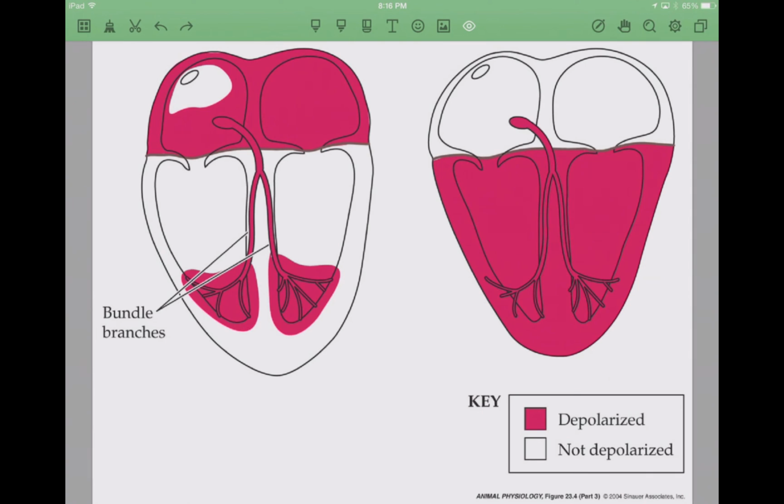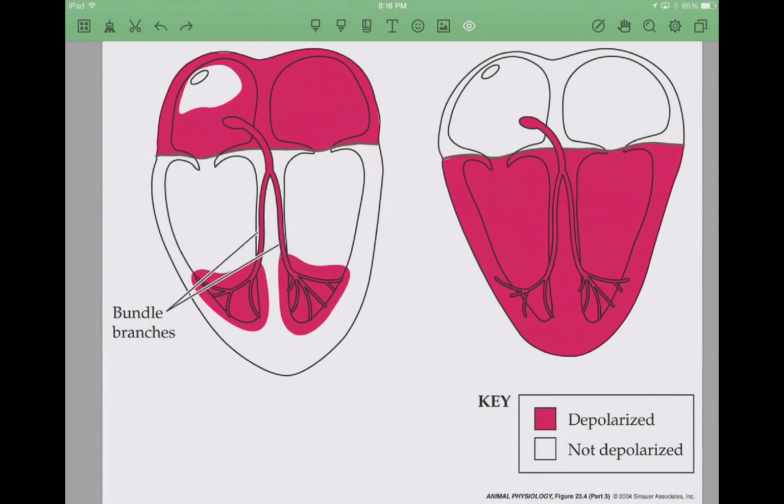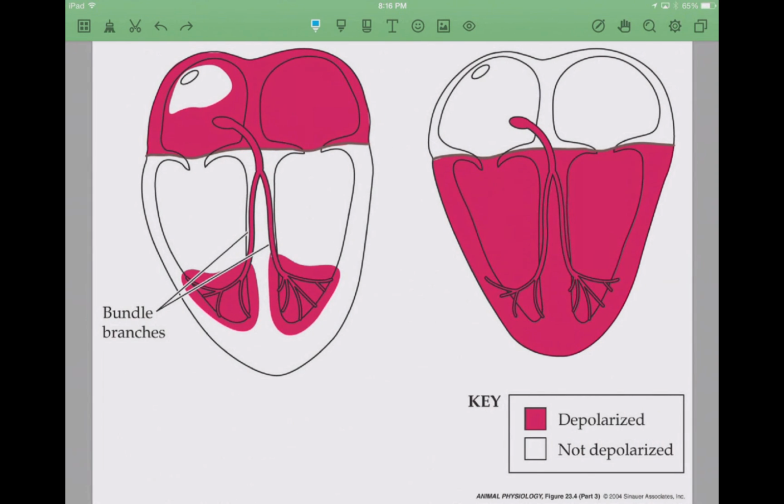Here's a nice visualization of the AV node sending its signal down. And then finally, on the right, there you go, the big contraction happens like that. That's good. Now, you can see a lot of problems that could develop with the electrical system of the heart. If the SA node isn't sending out the signals properly, or if there's an issue with the AV node, we can look into something called a pacemaker.